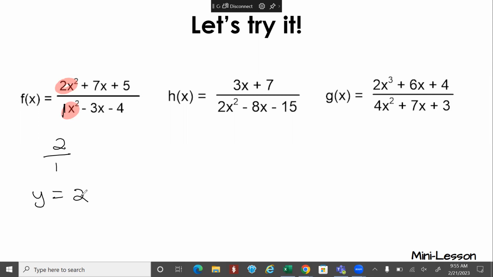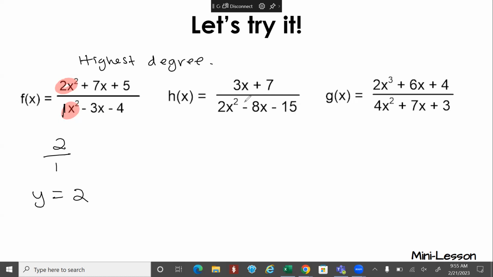That's it. If the degrees are the same, it's really easy. So I took the highest degree, and since they're the same, I'm just going to divide the coefficient.